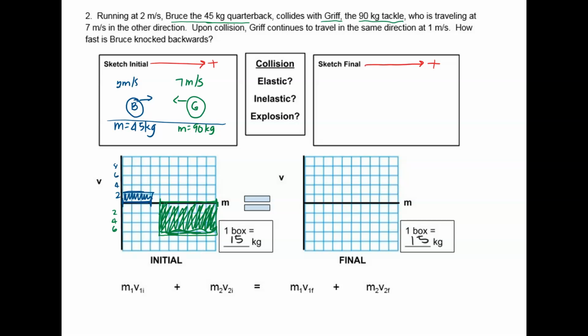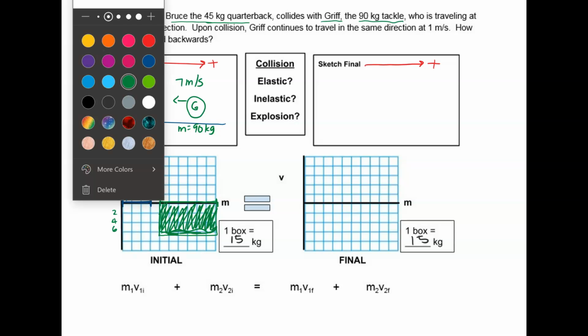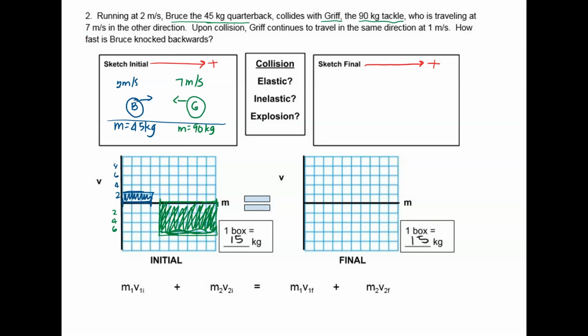Now, afterwards, they collide, and then they run into each other, and Griff continues to travel in the same direction. So Griff is traveling in the same direction at 1 meter per second.